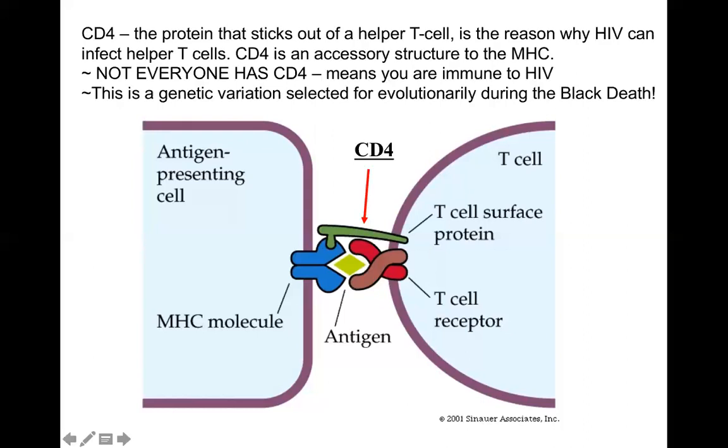And the occurrence of not having a CD4 jumped up in a huge amount during that time because it made you immune from Black Death and now gives you immunity to HIV. I think that kind of genetic variation still lingers, as like 14% of all European descendant people lack the CD4.